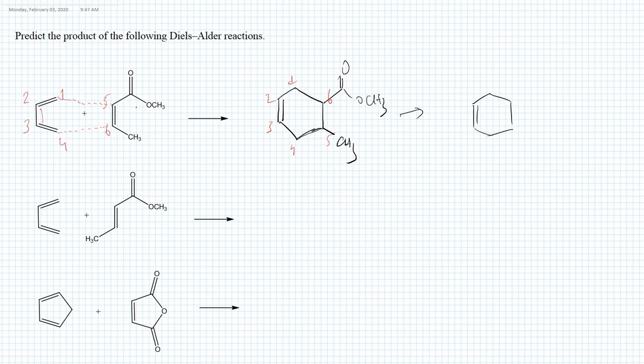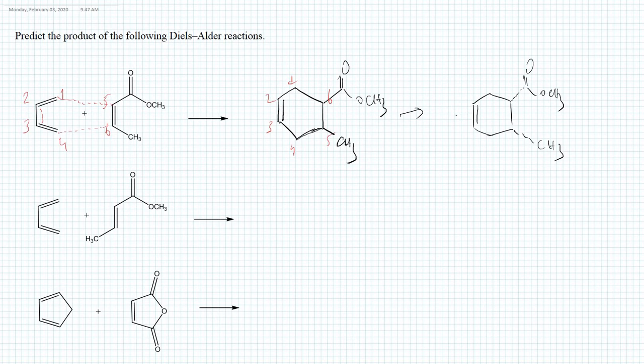These two groups, methyl group and ester group, should be cis to each other in the new product. We can use dash dash or wedge wedge. I prefer dash. Let's say this is ester and this is the methyl group. So this is the answer for the first question.